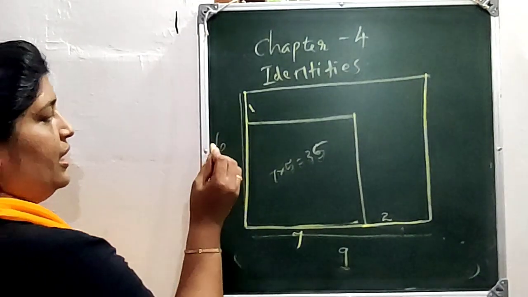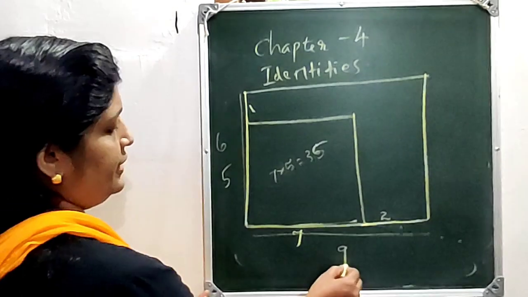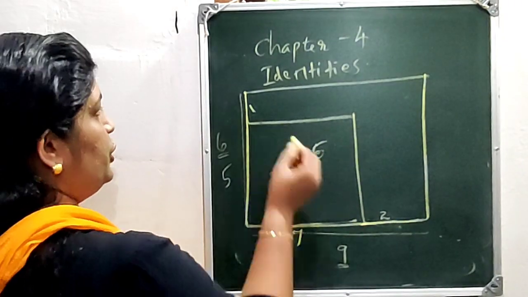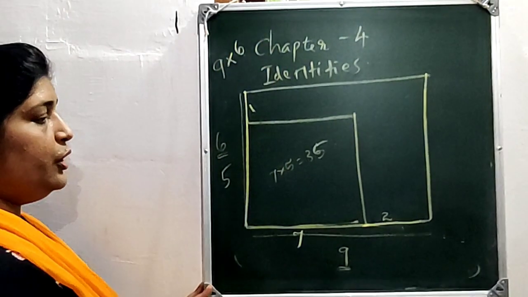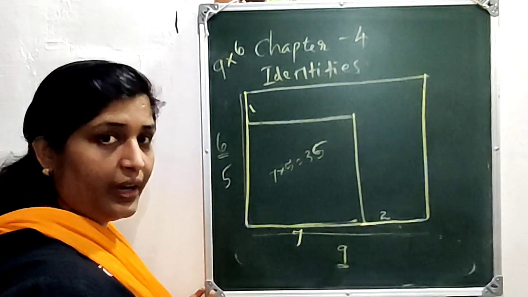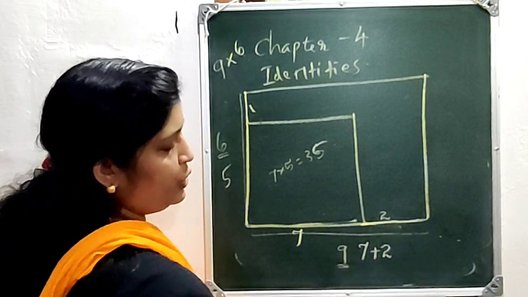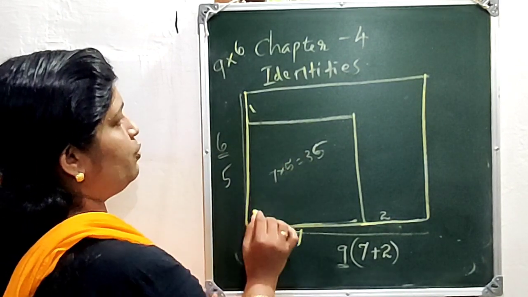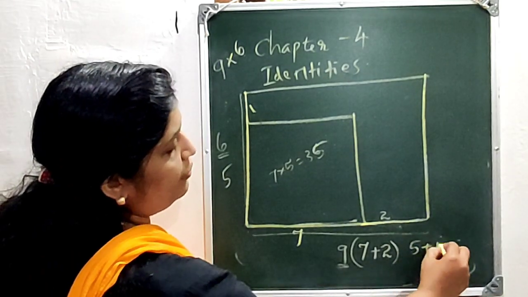We know that the area of this big rectangle is 9 into 6. And we know that this 9 is actually 7 plus 2, and the breadth is 5 plus 1.